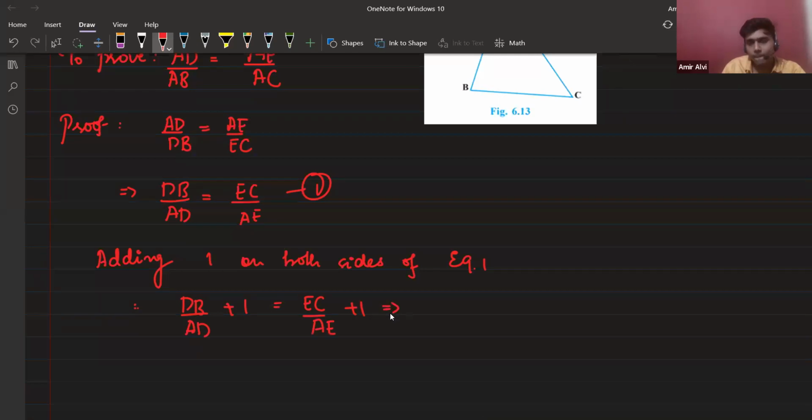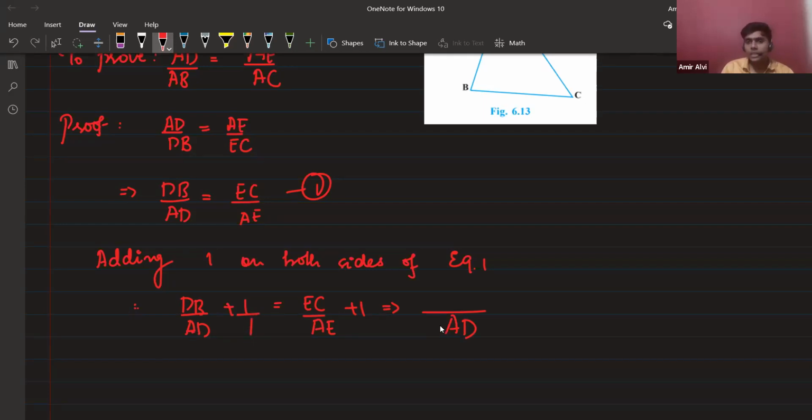If I take the LCM of this, DB plus AD will be formed. Why have I written AD in the numerator upon the whole denominator of AD? If I take the LCM of DB by AD and 1, it will be AD, because 1 is there. The LCM of AD and 1 is AD.